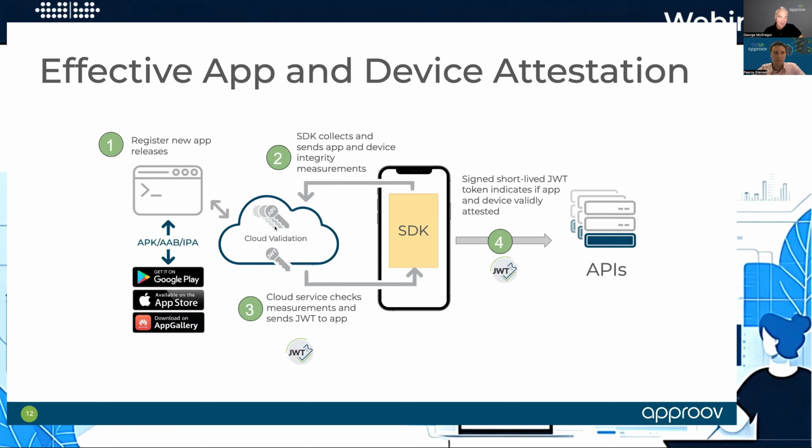And in the cloud service, there's analysis on the data that's coming back, and a decision is made based on security criteria that you've set for your account. And these policies are dynamic and can be updated. If the criteria are met, then the Approov cloud service provides a token back to the SDK and back to the app, and that's automatically inserted into the request going back to the backend system.